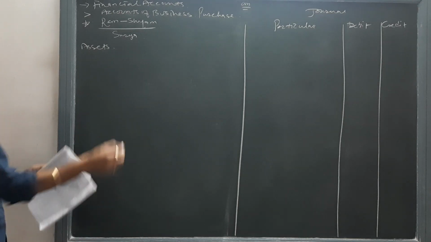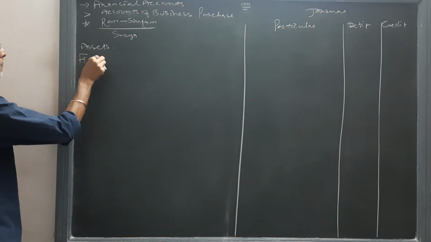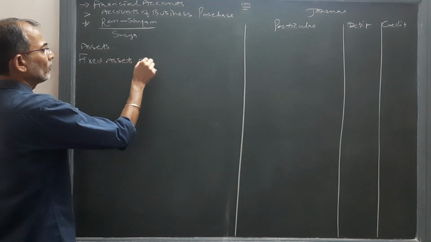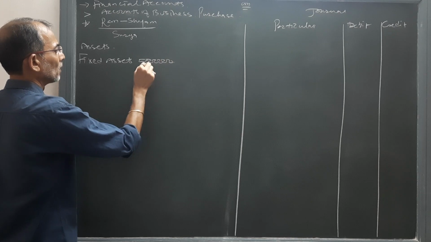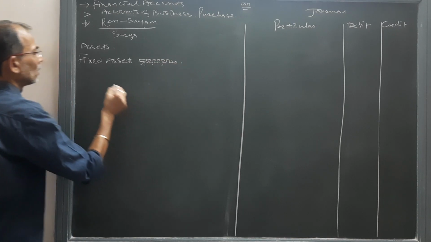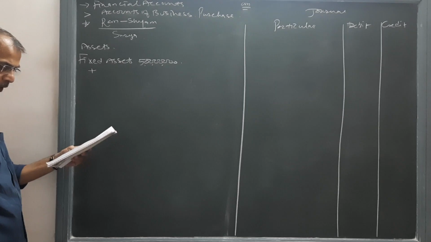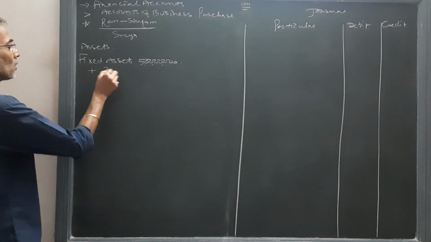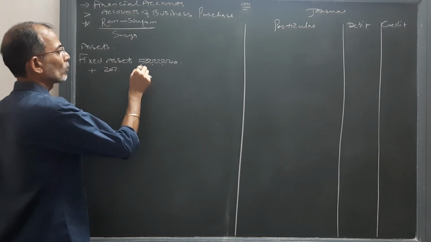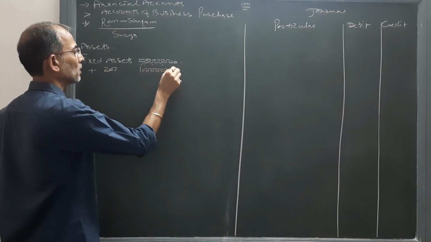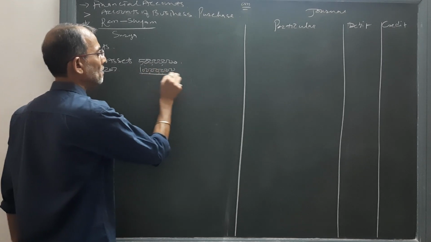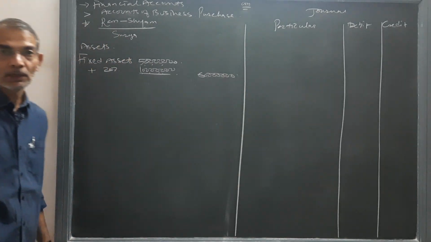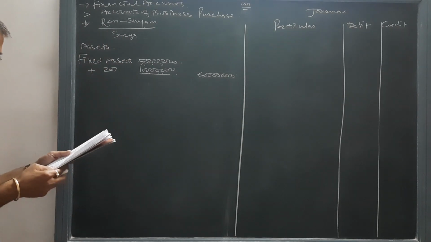For that, fixed assets are of 5 crore, that are to be taken 20% more. So 1 crore will be added, and that will be 6 crore.